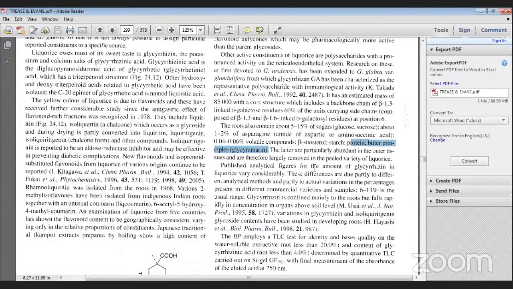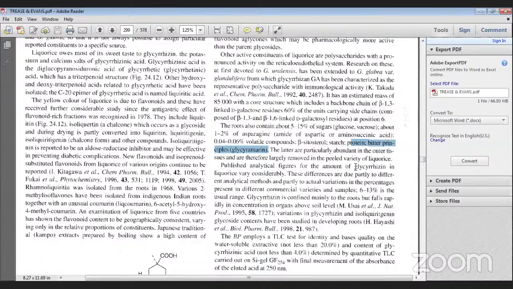Spanish licorice contains about 5 to 10% of glycyrrhizin. The Russian variety contains 10%, and the Persian variety contains 7.5 to 13% of glycyrrhizin, which is the main compound of Glycyrrhiza glabra.